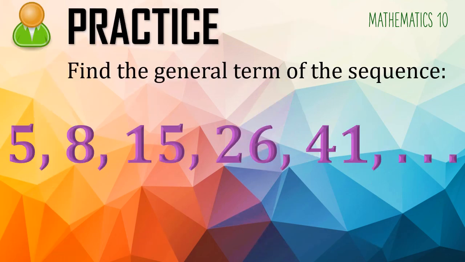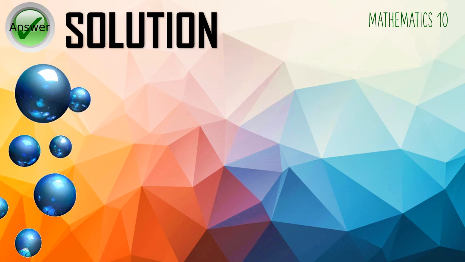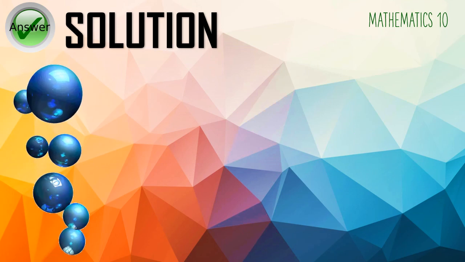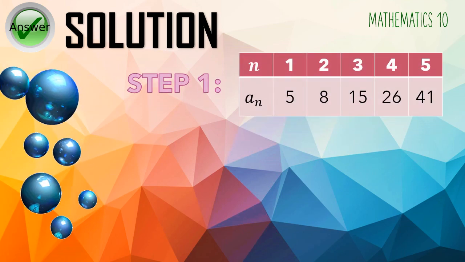Okay, so now let's proceed with our second example. Find the general term of this sequence: 5, 8, 15, 26, 41, and so on. So our process will be starting from this table.